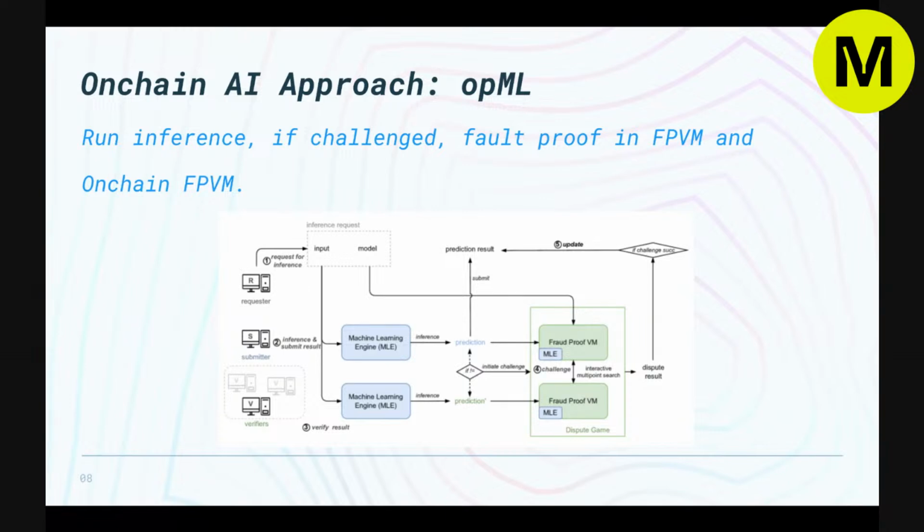So the proof generation only happens when the data gets challenged. ZK assumes everything is wrong, so it generates a proof for every computation. But OPML is more economically efficient because it only generates a proof when people disagree on a certain computation.